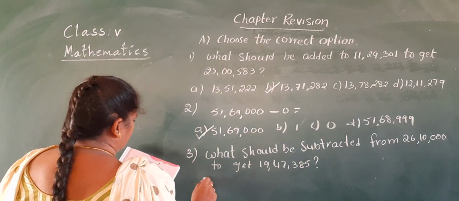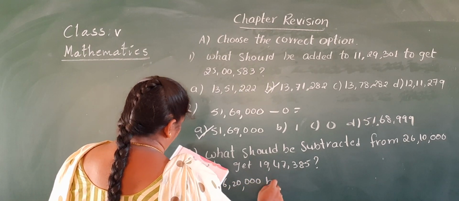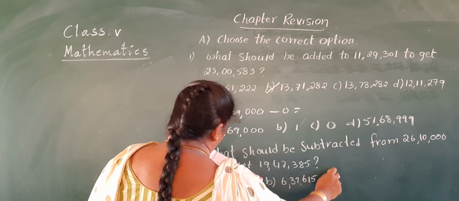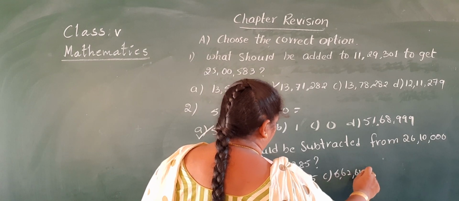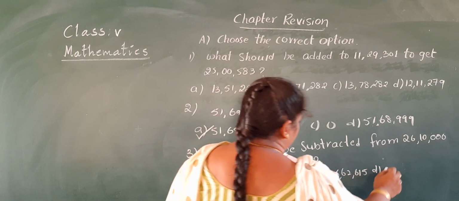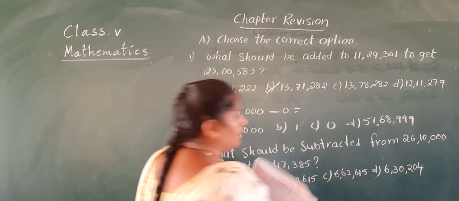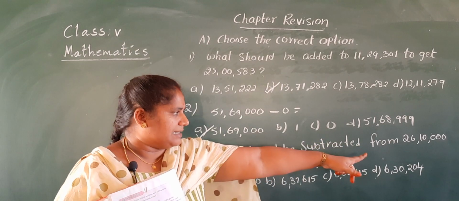Options: A 6,20,000, B 6,37,615, C 6,62,615, D 6,30,204. Okay? So what should be subtracted from this number?